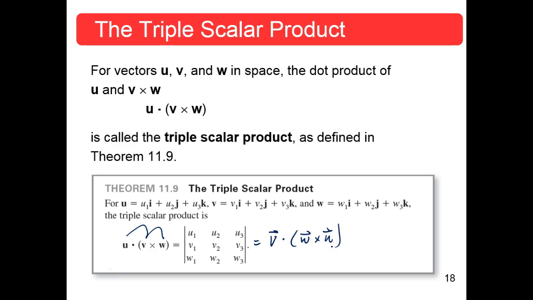That would be the same value of this one. With the u cross w, that would be the opposite of it. That would also be the same as if you did w dot u cross v.